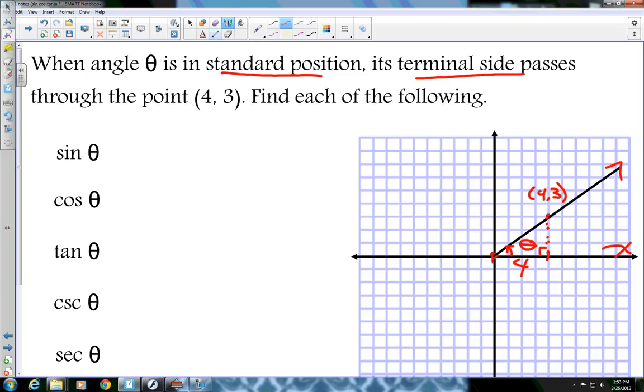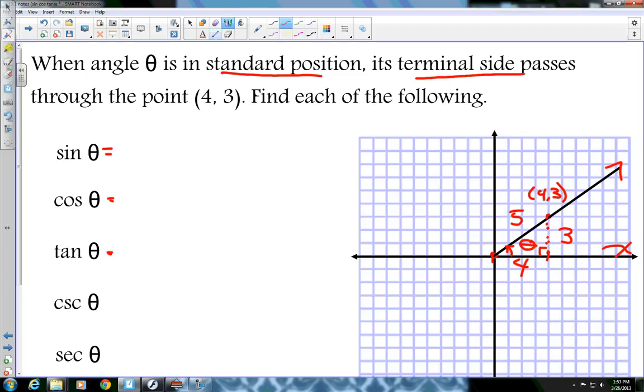On the y it will be 3. Now, what's the length of the hypotenuse? Everybody should know this one quick. 5. 3, 4, 5 is a Pythagorean triple. If it isn't a nice Pythagorean triple, you say a squared plus b squared equals c squared, and you find the length of the hypotenuse.